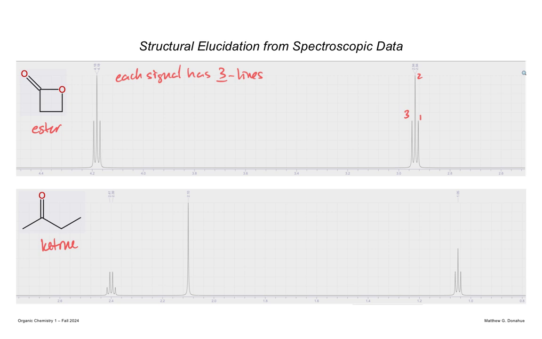So the question that comes up is, why does it do that? Then the other question is, why is line number 2 larger than 1 and 3?